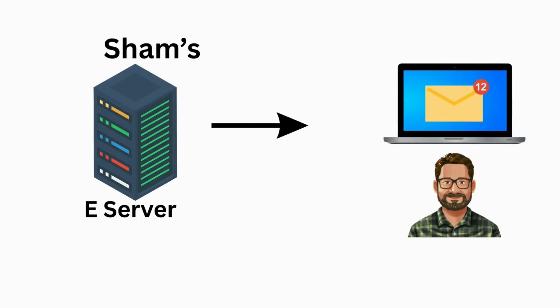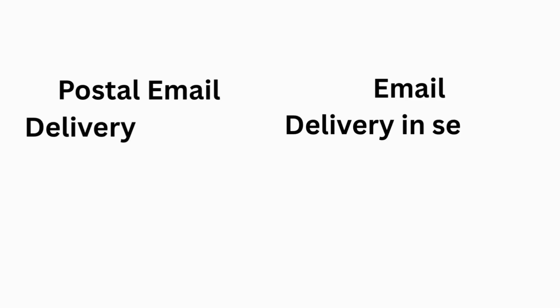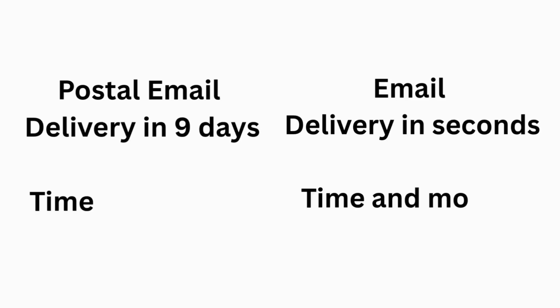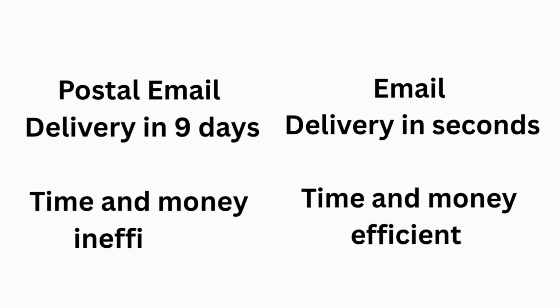The message waits in Sam's mail server until he opens and reads it. Unlike postal mail, which takes days to reach its destination, email reaches the destination in only a few seconds. So, in this way, email is time and cost efficient and is a better option than postal mail.